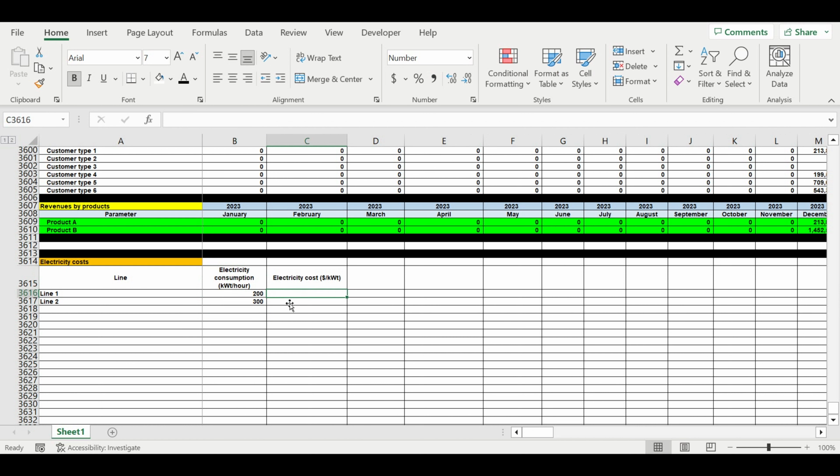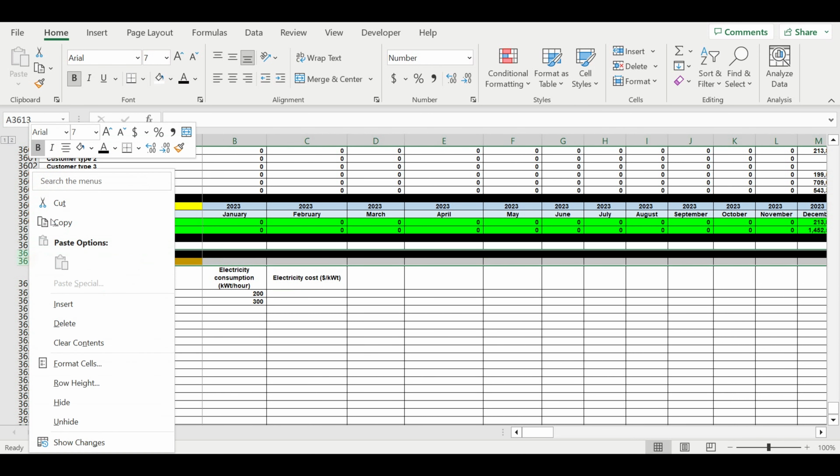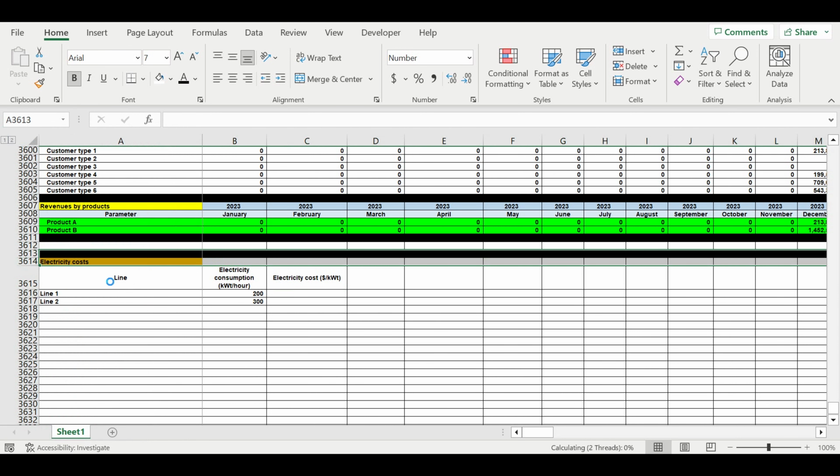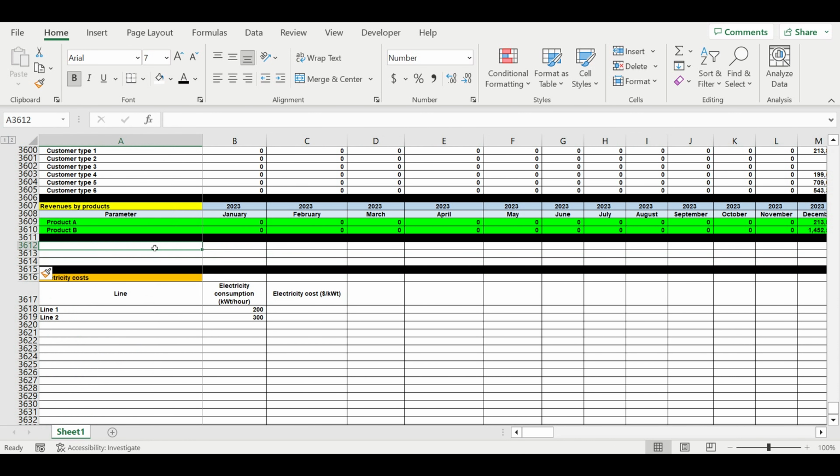The electricity cost will be, so the price, let's add some lines here. So this will be electricity, so this will be parameter, then dollar per kilowatt.